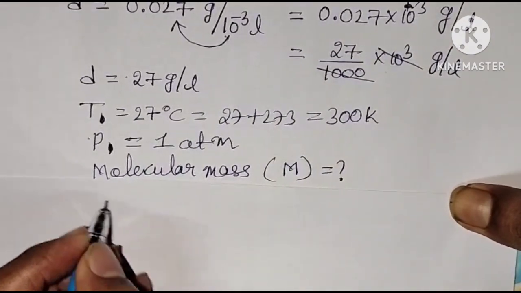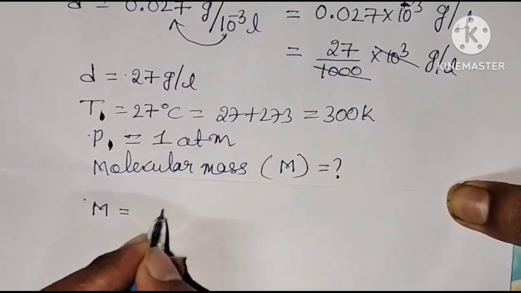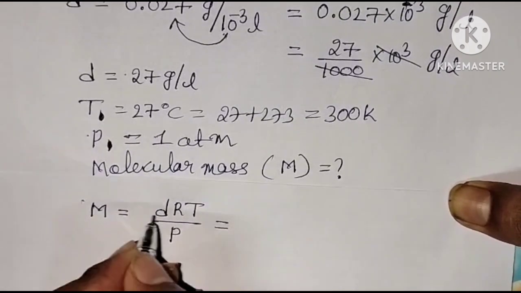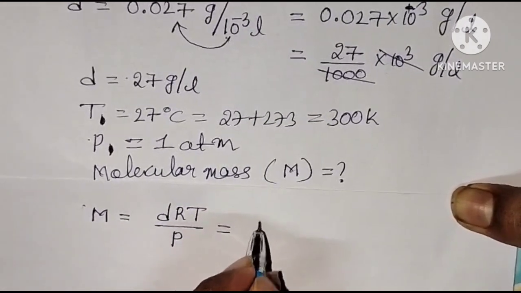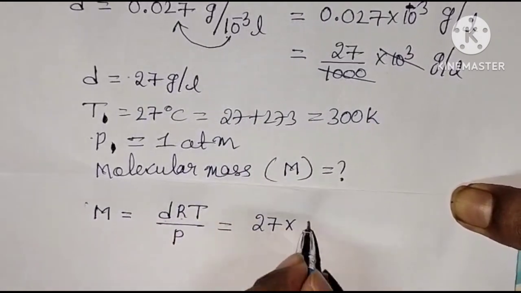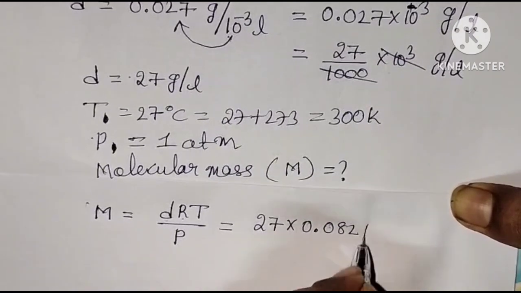We know that molecular mass M is equal to dRT by P. Here D means density of gas. Density of gas is 27 gram per liter into R, the universal gas constant, whose value is 0.0821.